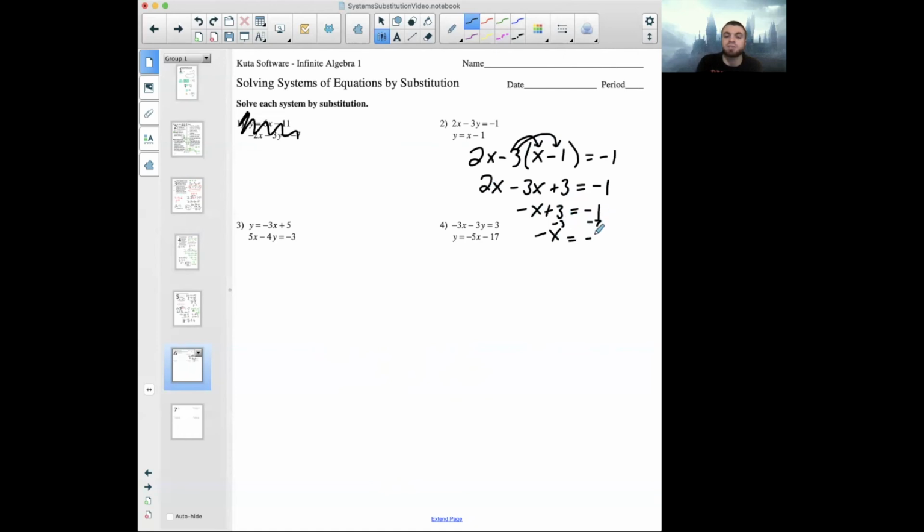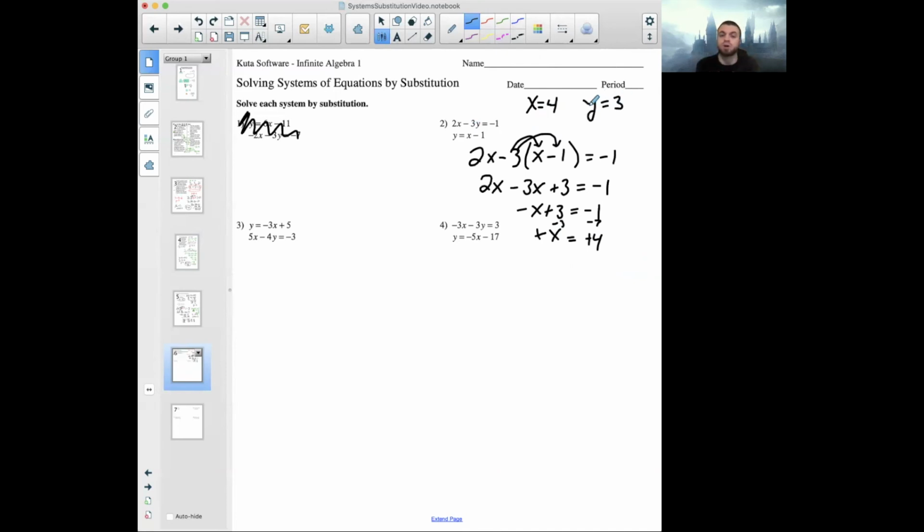Negative x equals negative 4. And in that case, since negative x equals negative 4, positive x equals positive 4. So that means x equals 4. And now if y equals x minus 1, well, what's 4 minus 1? That is 3.